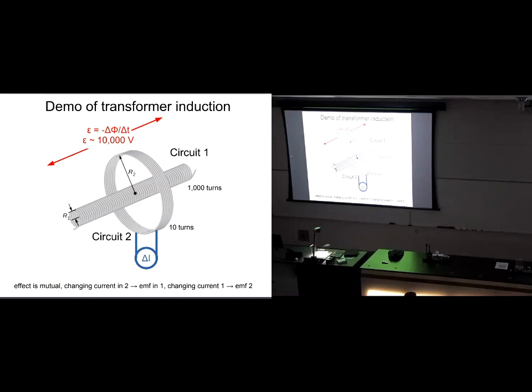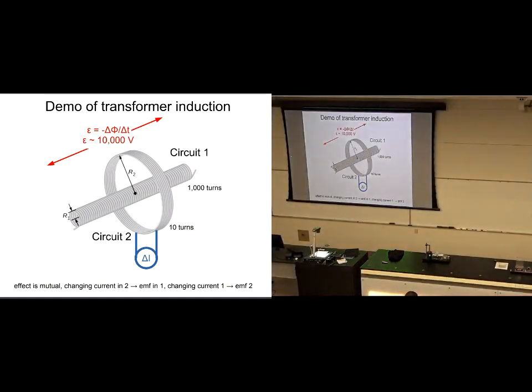It's so large that the air simply burns due to that voltage. It's simply ionized like lightning. And it's entirely because I'm changing the current very rapidly, and I've got lots of turns of the solenoid.